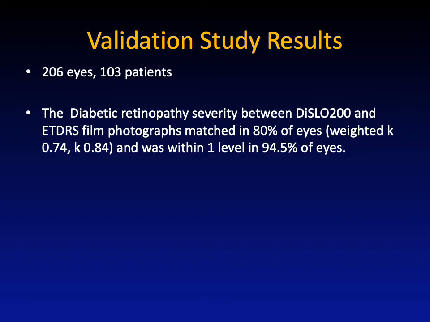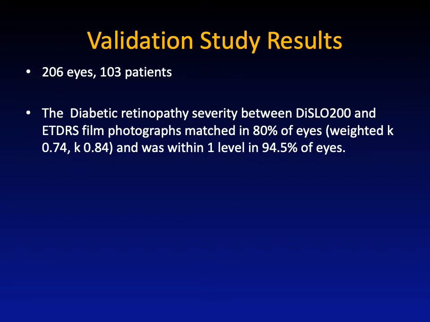And they did find that there was a perfect agreement in around 80% of eyes. A perfect agreement means that if I called mild using one device, I would call mild using the other device, or moderate using one device, I would call moderate using the other device.